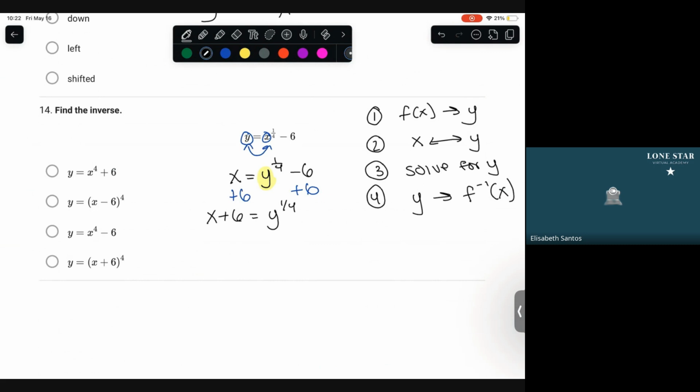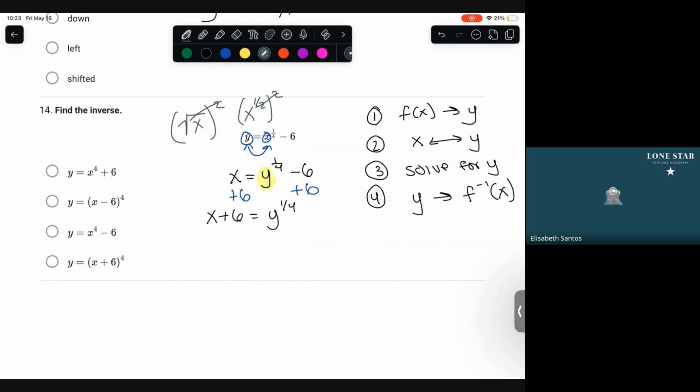And how do we get rid of that fourth power? Well, if we had, let's say, the square root of x, to cancel it, we would square it, which, if you remember that exponent rule, square root of x can also be written as x to the 1/2. So that's what's happening here.